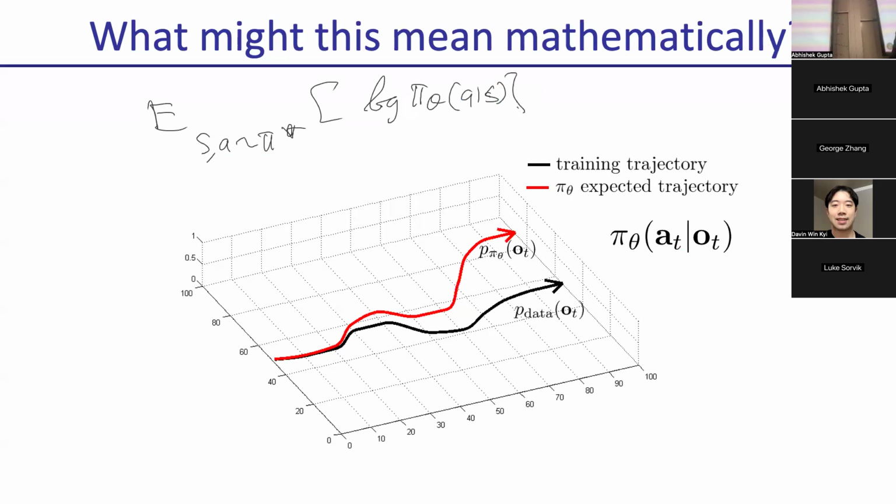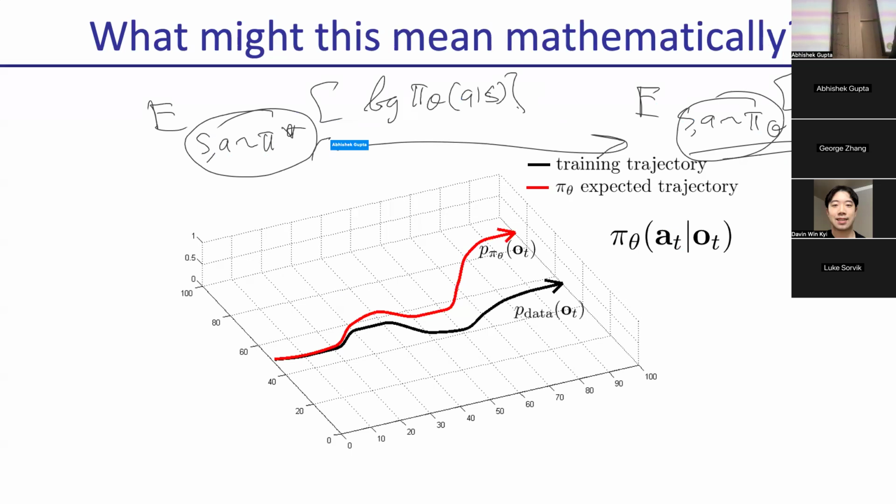But when you execute your policy, it visits states and actions under pi theta, and you measure whatever. So the mismatch is that the training data was under pi star, and the testing was under pi theta, right? So train is not equal to test.